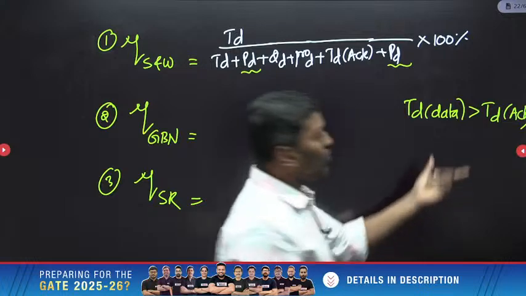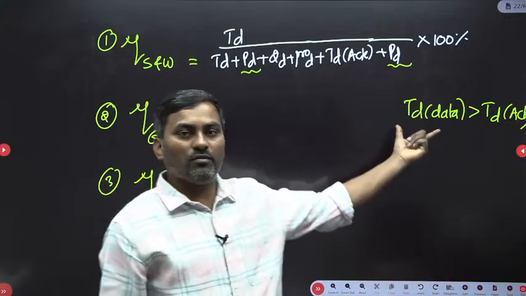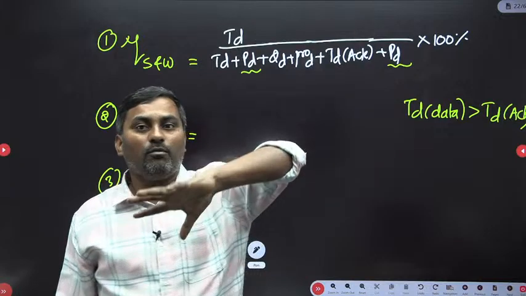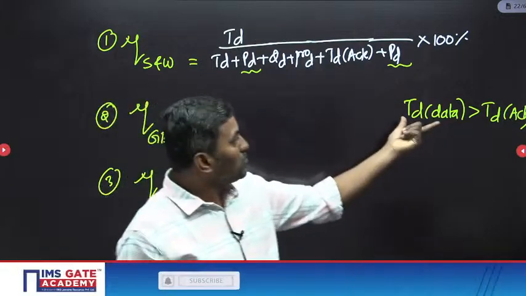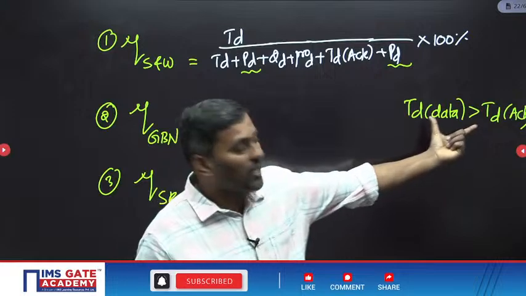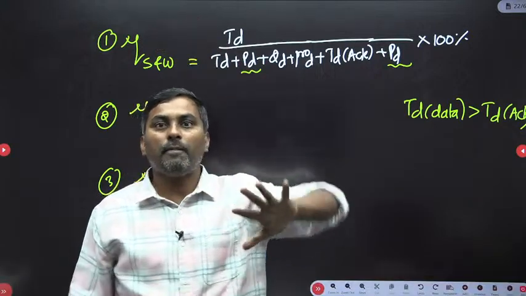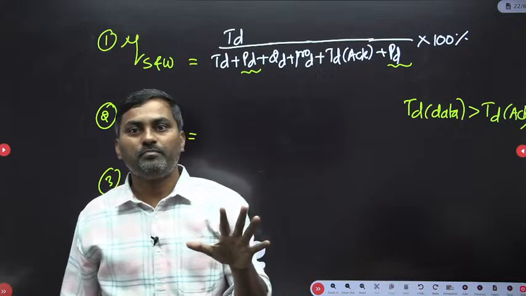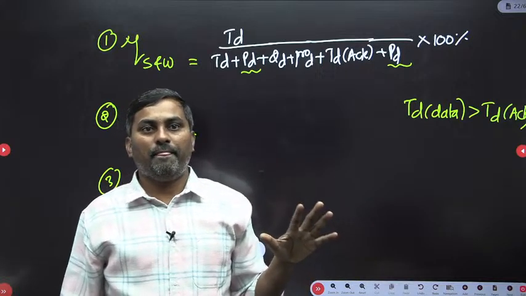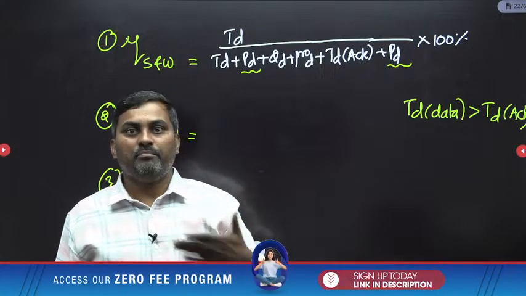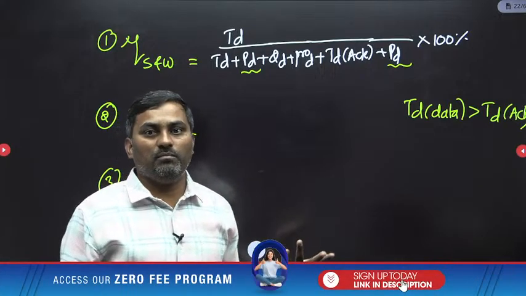Taking the bandwidth as the same, the transmission delay of data is greater than the transmission delay of ACK. Is it true? Everyone, try to respond.